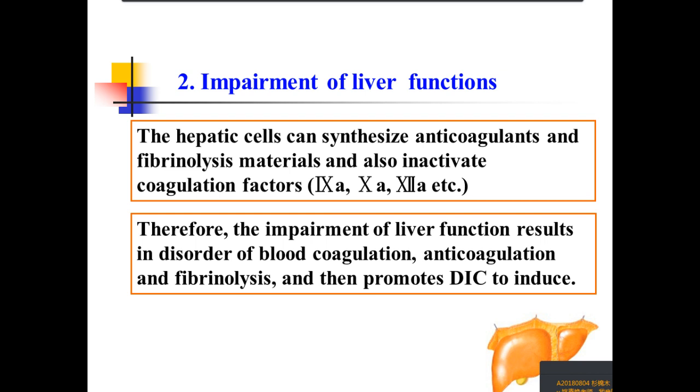So if the liver is impaired, the release of anticoagulants will decrease, and the inactivation of coagulation factors will also decrease. So coagulation function will increase. Now, with impairment of the liver, the patient's coagulation function will increase. Now, DIC may happen.